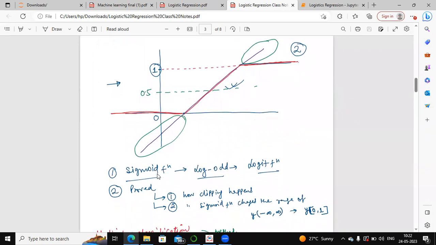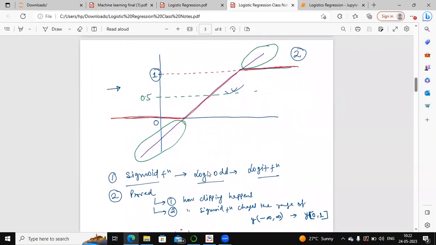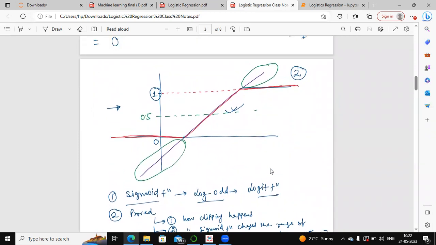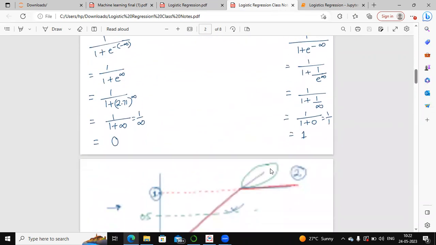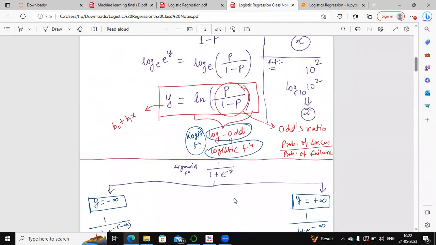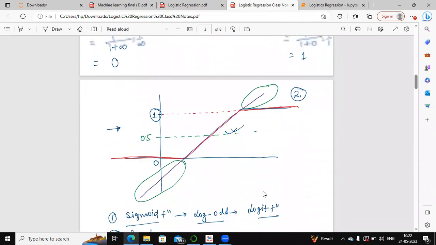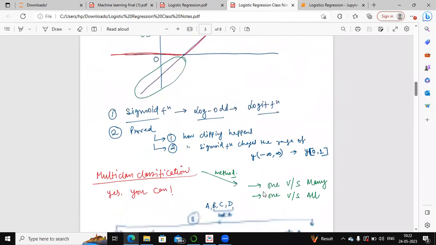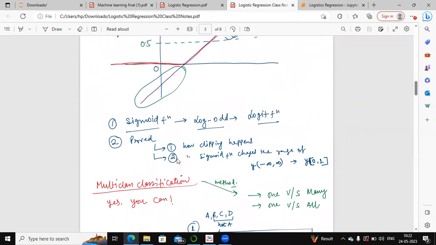So we have seen the sigmoid function and the logit function. The sigmoid function is nothing but 1 by 1 plus e power minus y. The logit function is nothing but ln of p by 1 minus p. Now we have proved how clipping happens.